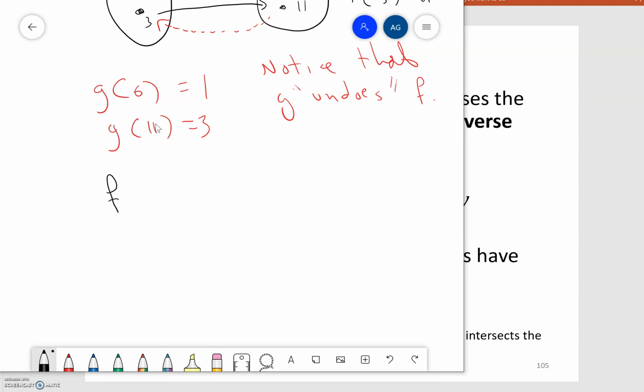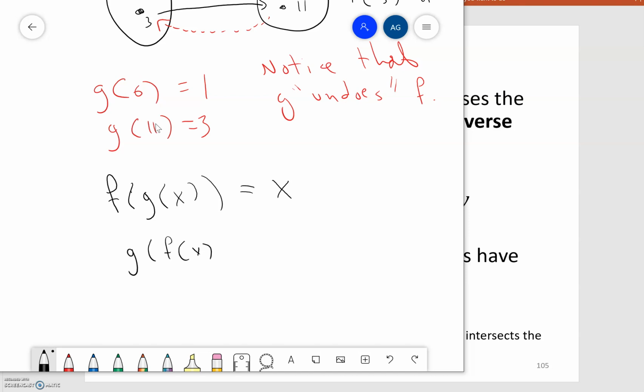If I take g and I put it into f in this fashion, then when I say they undo each other, what I literally mean is that this x value, whatever it goes to under g, f sends it right back to where it started, and vice versa.